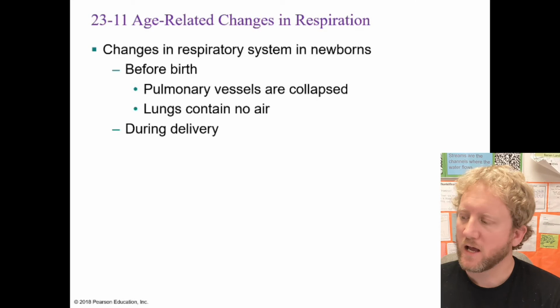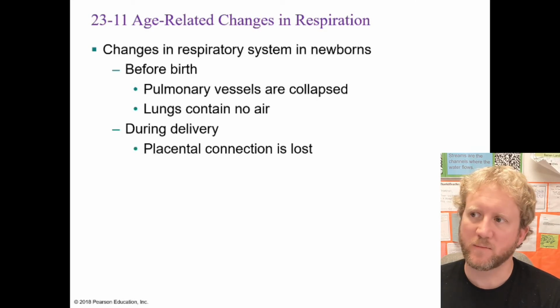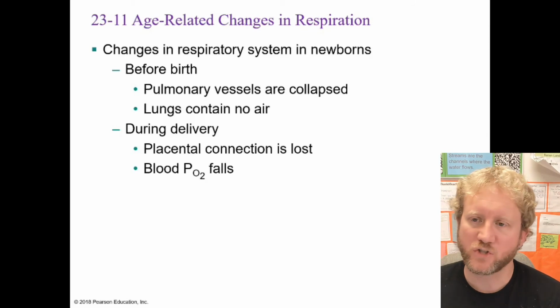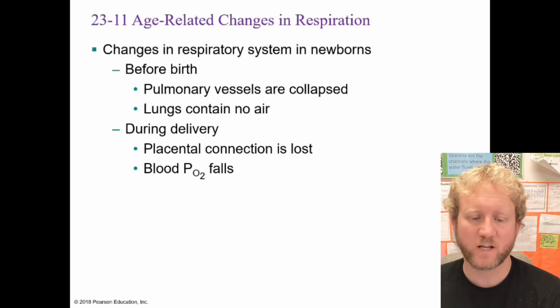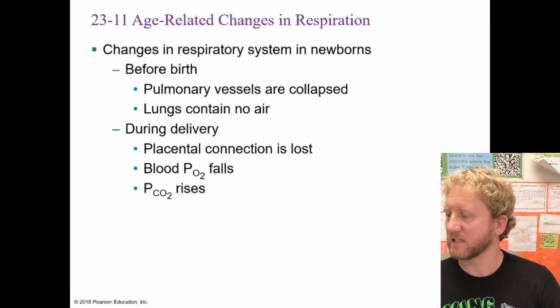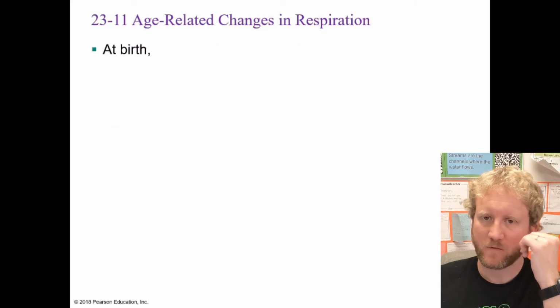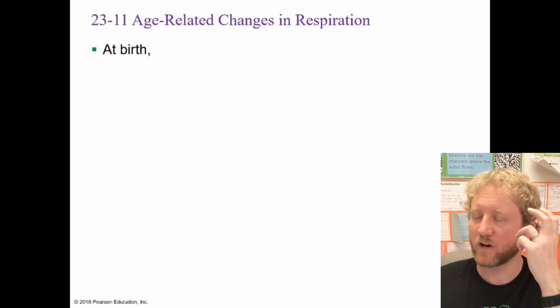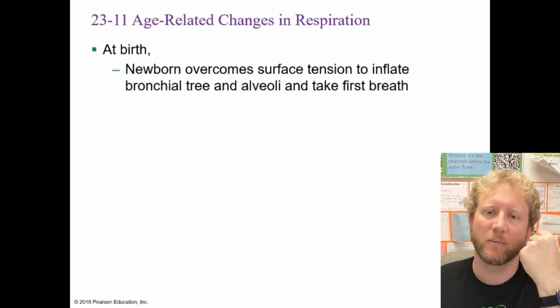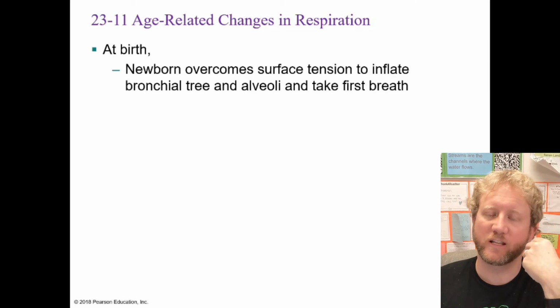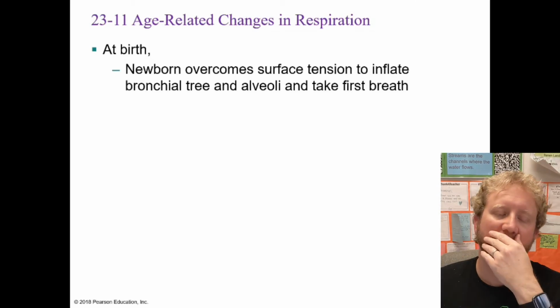During delivery, the connection between the baby and the placenta is lost. Blood oxygen falls, blood CO2 rises. At birth, the baby overcomes the surface tension in the lungs to inflate the bronchial tree and the alveoli and take the first breath.